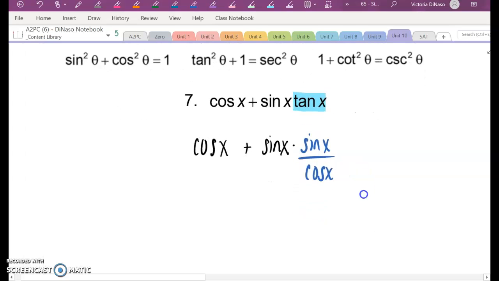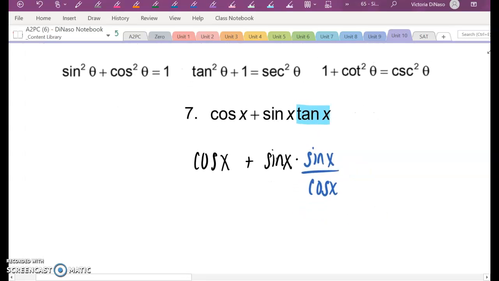All right, here's how fraction rules work. With multiplication, you can multiply straight across. I'm going to put sine over 1, and then we can multiply. So I'm going to rewrite cosine x, and then plus sine times sine is sine squared x, and then 1 times cosine is cosine.